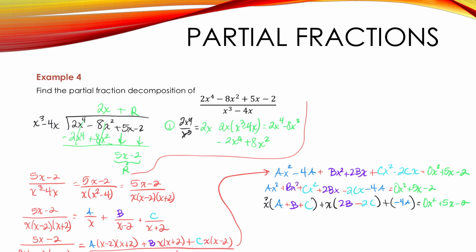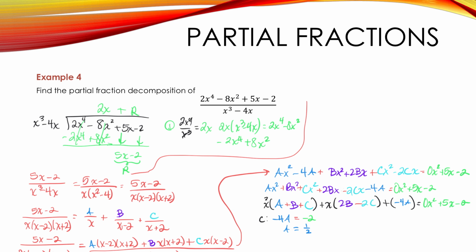So let's start with our constants. We have negative 4a equaling a negative 2, which tells me that a is negative 2 over negative 4, so it's a positive 1/2.